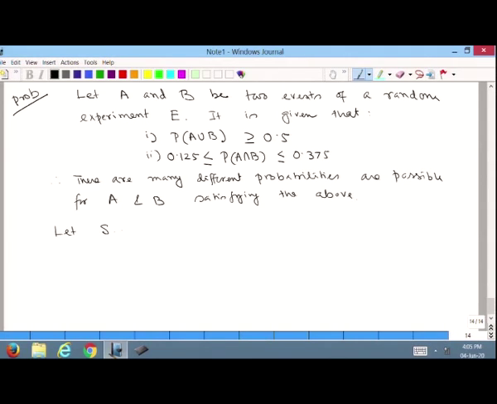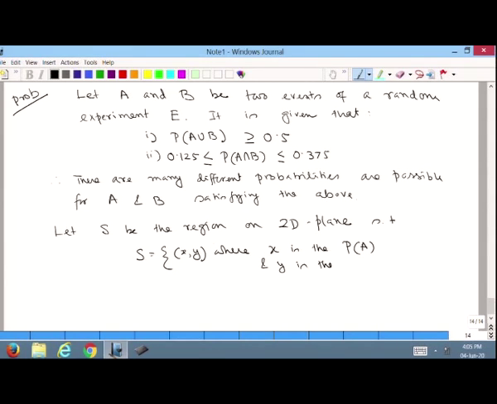Let S be the region on the 2D plane such that S is equal to (x, y), where x is the probability of A and y is the probability of B, satisfying the above conditions.